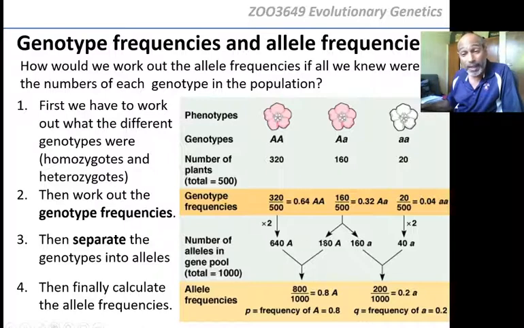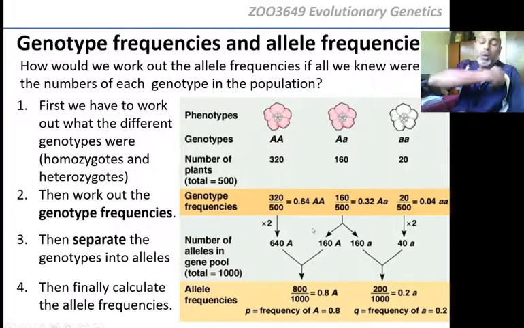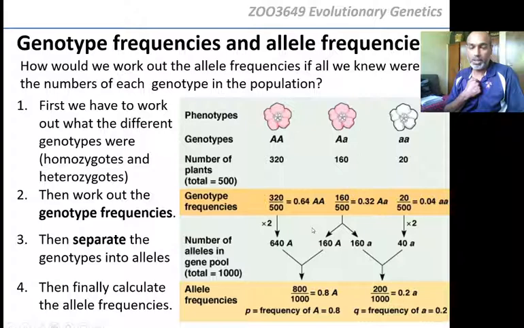And so together, you've collected all the big A's. Okay? You see how you've collected them. You took them from the homozygote dominant, but you also have to take half of the heterozygotes. So you collect all the big A's, not just the ones in the homozygous dominant phenotype, right?